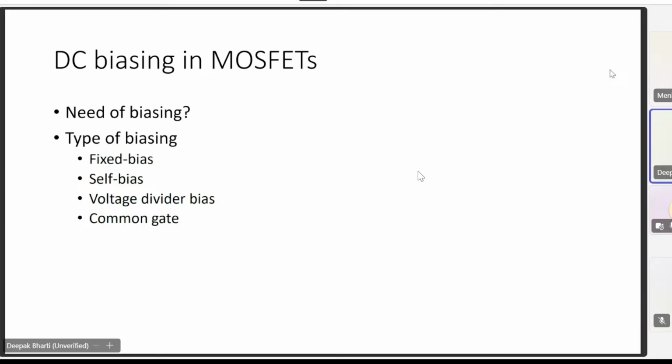Why do we bias the transistors? All of us know that MOSFETs are active devices, and an active device first needs to be turned on in order to demonstrate its real performance.